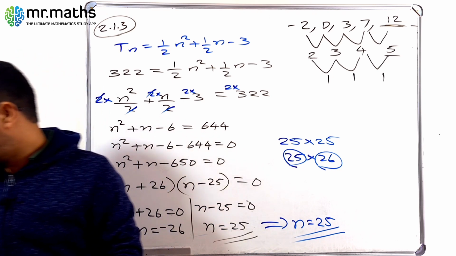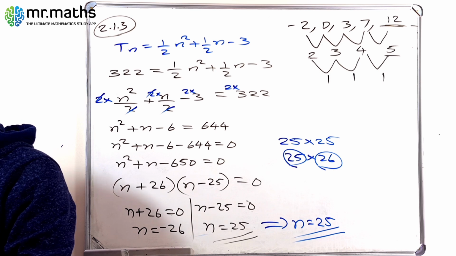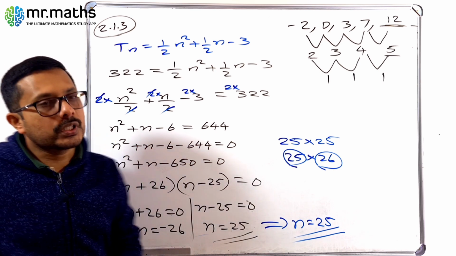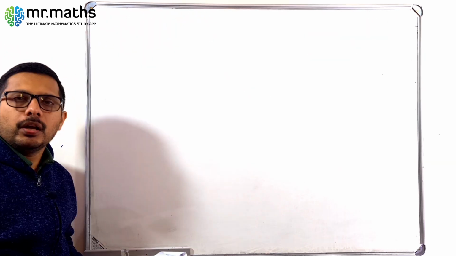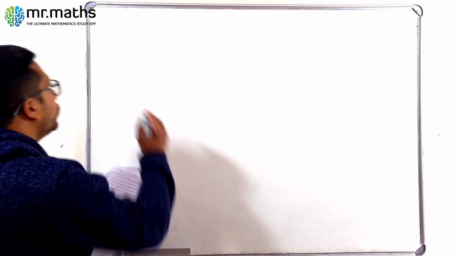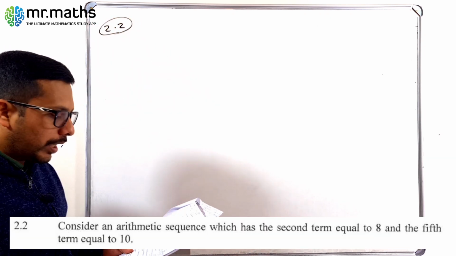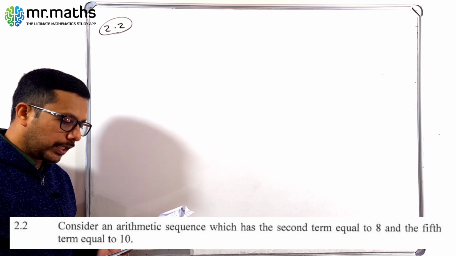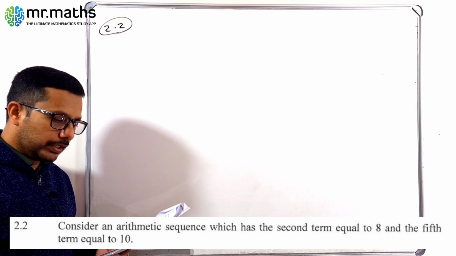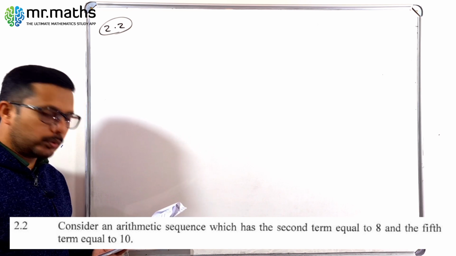Now let's move to the next question, question number 2.2. What is that question? Consider an arithmetic sequence which has a second term equal to 8 and the fifth term is equal to 10.